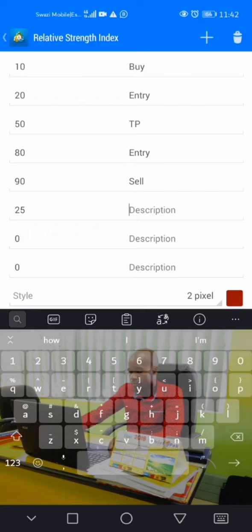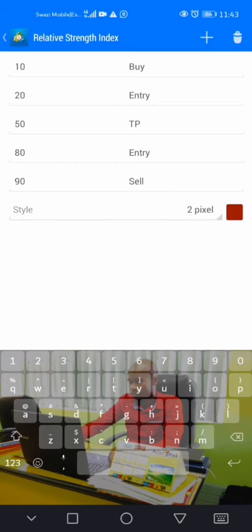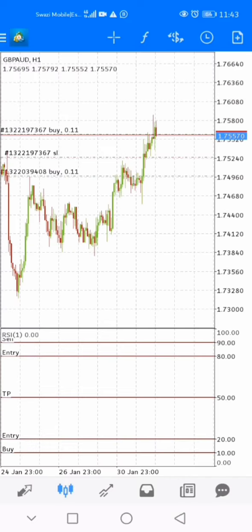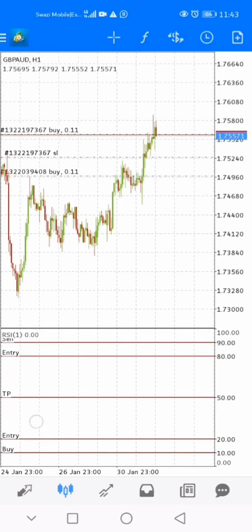I'm going to delete the extra levels. So you only need these levels 10, 20, 50, 80 and 90, and then after these levels you go back. After going back, you click done. So you have your first indicator, which is the relative strength index down there.